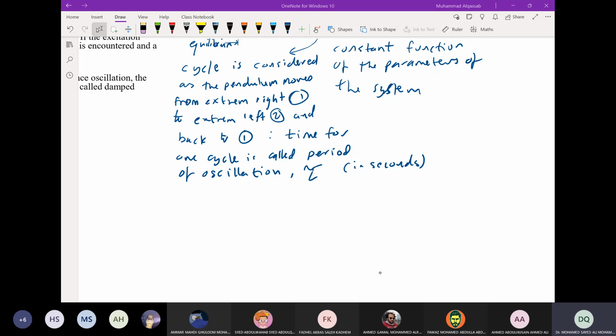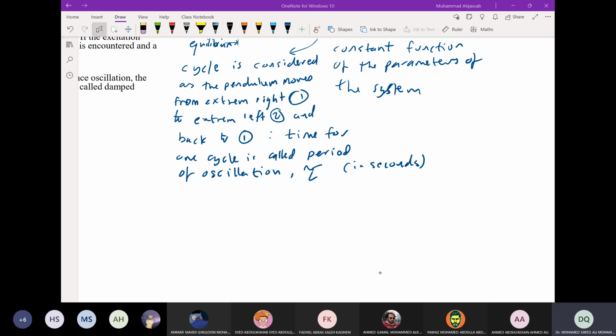But that would be very difficult to analyze. When we limit the oscillations to small oscillations, we can say that the natural frequency is a function of the parameters of the system only, not of the initial conditions.